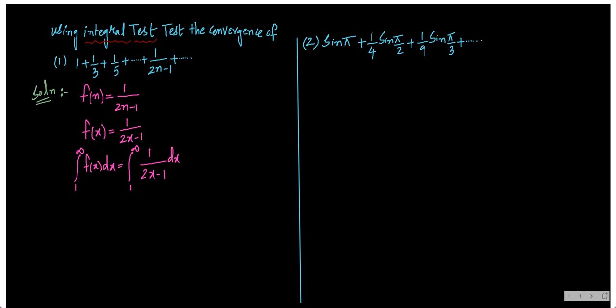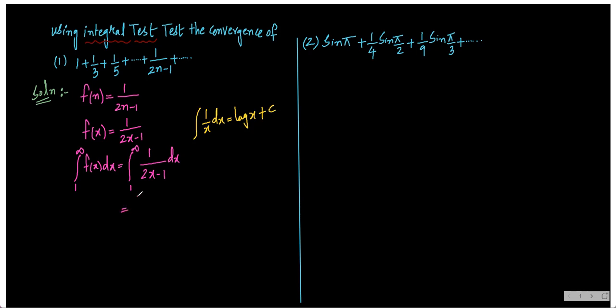And we know the formula, let me write it: the integration of 1 by x dx is equal to log x. If there is an x coefficient in the denominator, you have to write it, otherwise no need. So this becomes the 1 by x format.